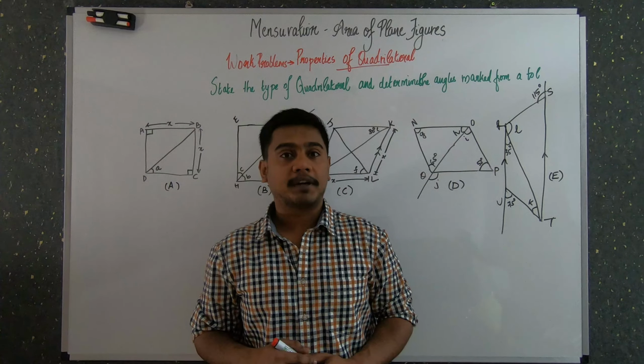So angle A is 90 degrees by 2, which is 45 degrees. So angle A we have already found, it is 45 degrees.